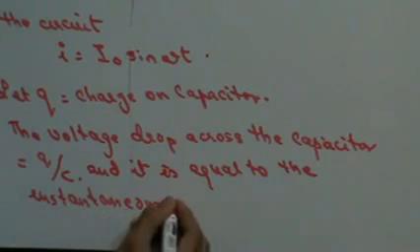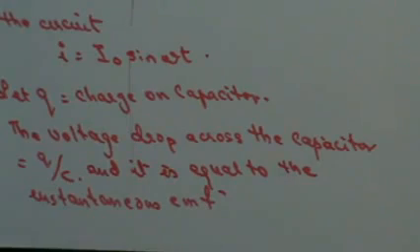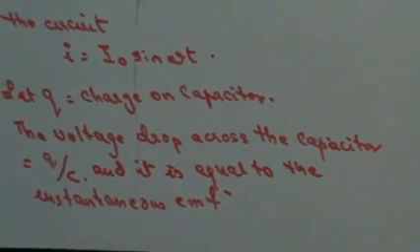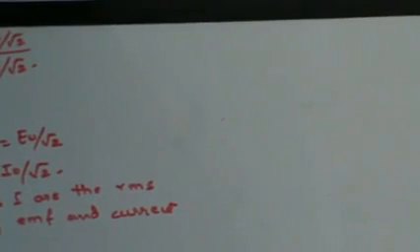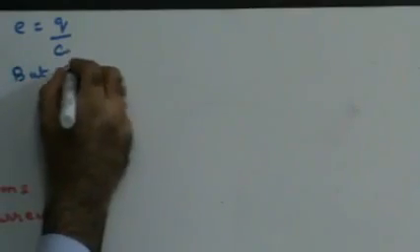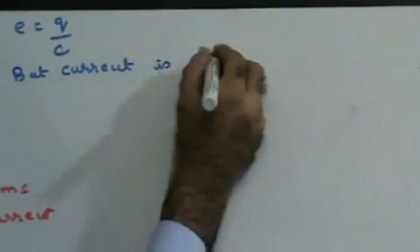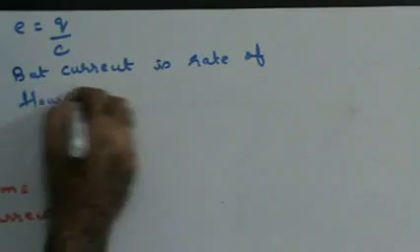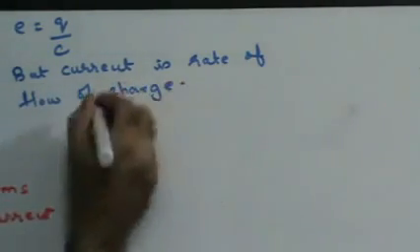Because this is an AC circuit, the EMF is going to be E. Therefore E is equal to Q by C. Once you have the value of E, the current is defined as the rate of flow of charge.